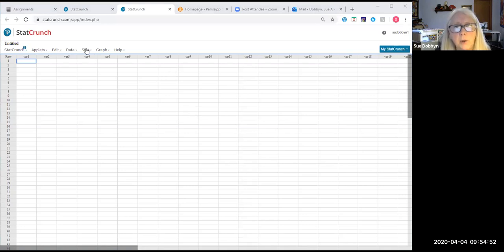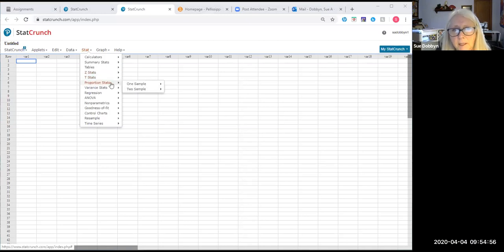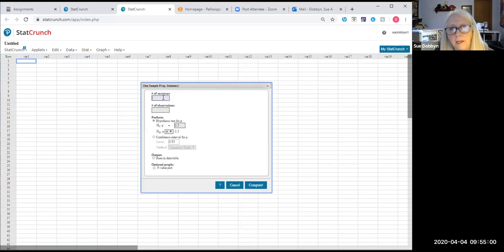All right, so we're going to go to Stat, then down to Proportion Stats, One Sample, With Summary. The number of successes was 1,161. Remember, that's the number of people who said that antibiotics are effective against viruses. And that's out of a sample size of 2,202.